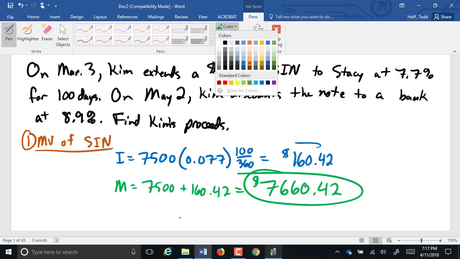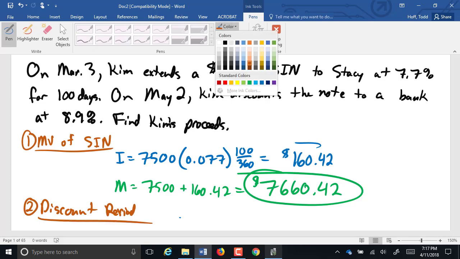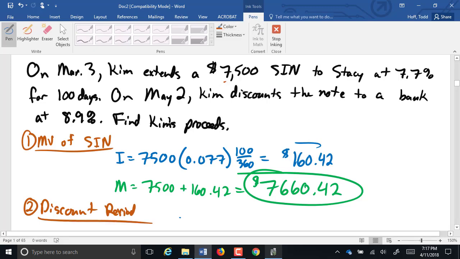Okay. Step 2. What do we need to do? Discount period. Okay, May 2nd is 122. March 3rd is 62.